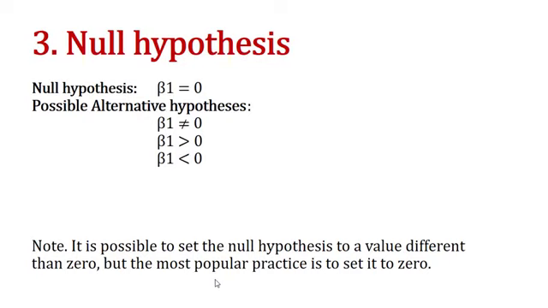Now, it is important to note that the null hypothesis doesn't necessarily have to be 0. We can establish beta 1 to be some other value. That other value that we decide on is the value that we want to test against.